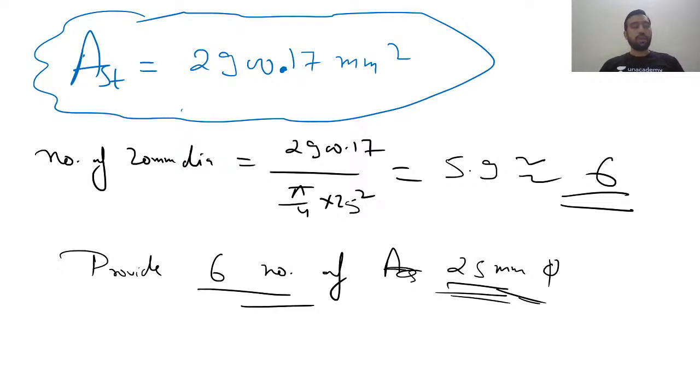So any doubt till here, tell me. So guys, not much time is left, so I don't think we will be able to complete this question. So please ask some doubt if you have any. Is it okay?